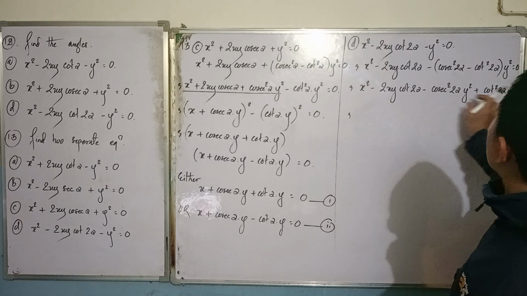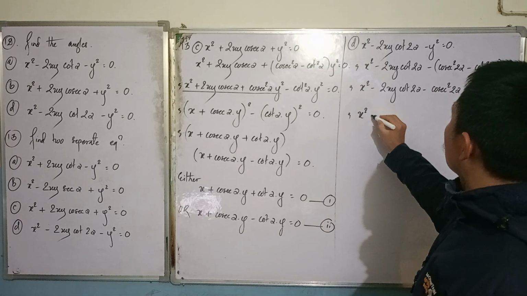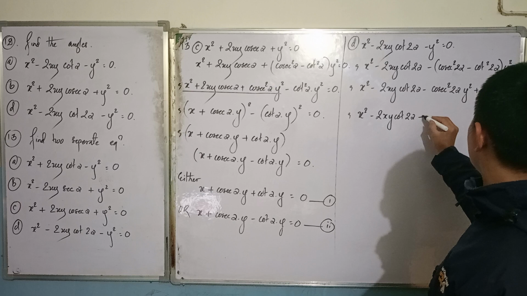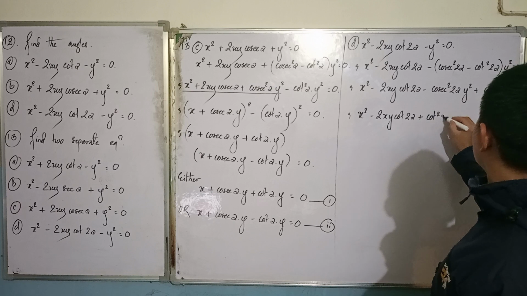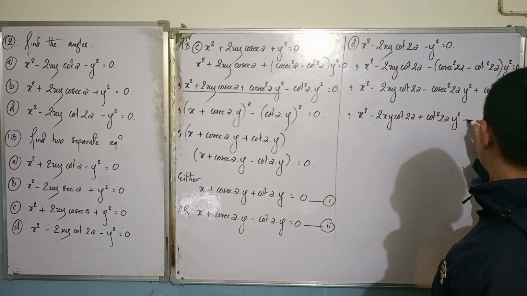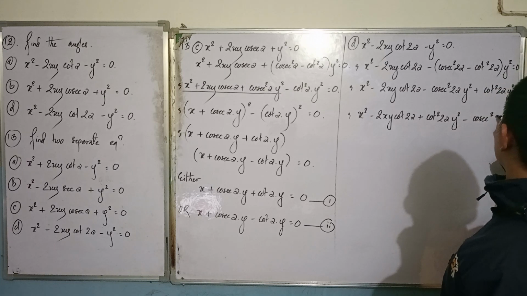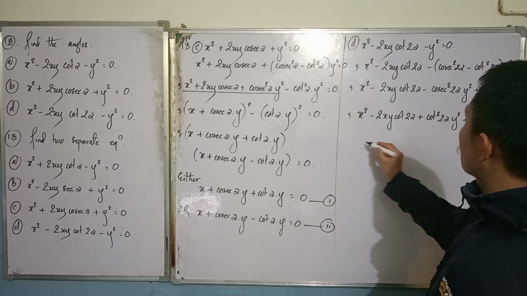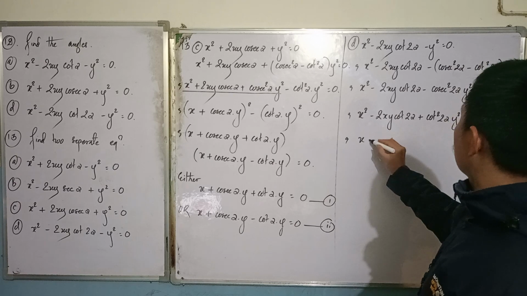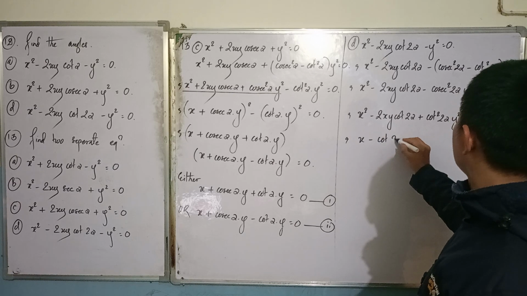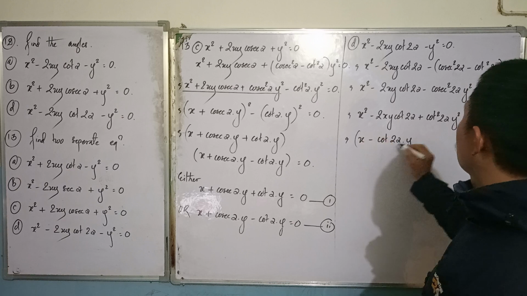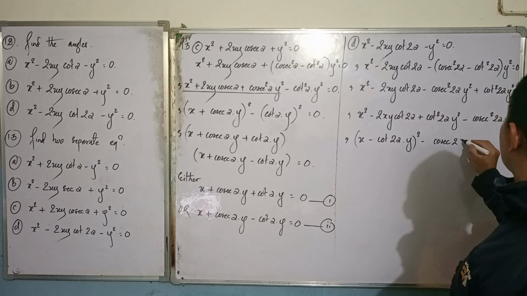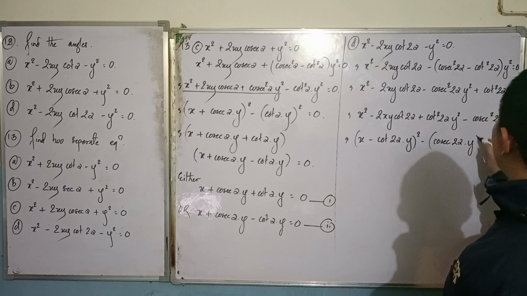Okay, now just bring this here. x square minus 2xy cot 2 alpha plus cot square 2 alpha y square minus cosec square 2 alpha y square is equal to 0, or x minus cot 2 alpha y whole square minus cosec 2 alpha y whole square.